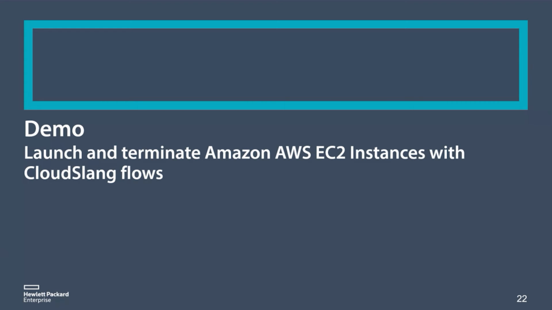We'll basically walk together through some of the out-of-the-box flows that we have around Amazon AWS. Then I'll show you a small custom flow that I did in order to trigger it for this demo. We'll switch to Amazon AWS and eventually to the OO Central from where we will trigger the flow. Okay, so give me one moment to switch to the browser.